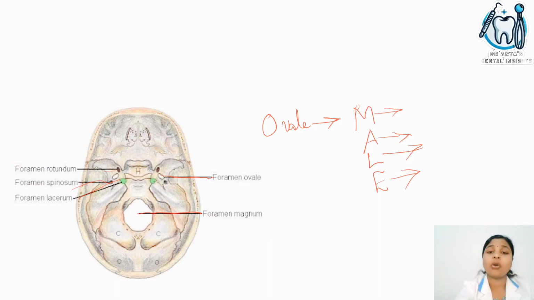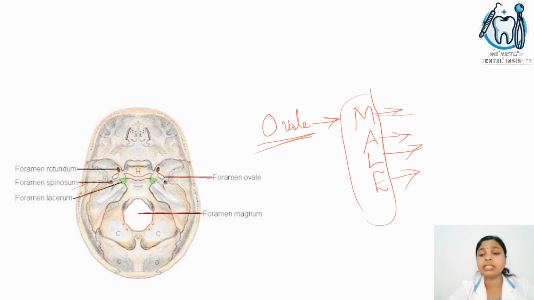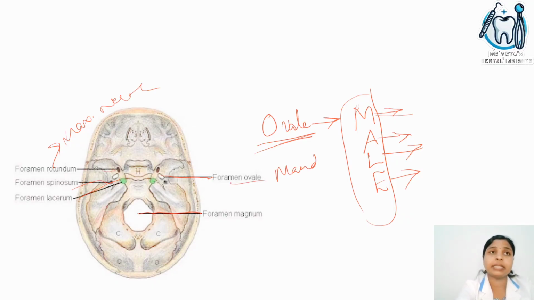That is the ovale. So the foramen rotundum carries the maxillary nerve. Foramen rotundum is the maxillary nerve. So foramen ovale is mainly the mandibular nerve.